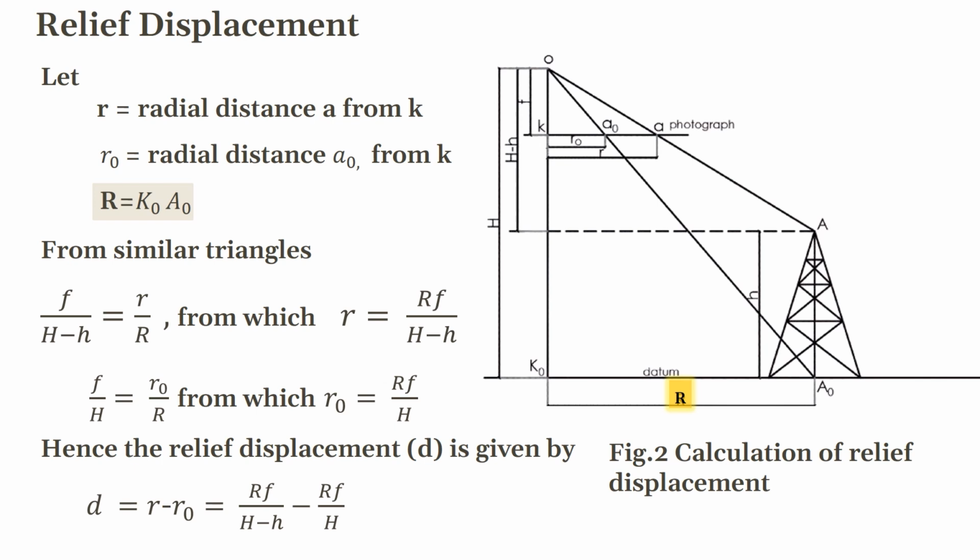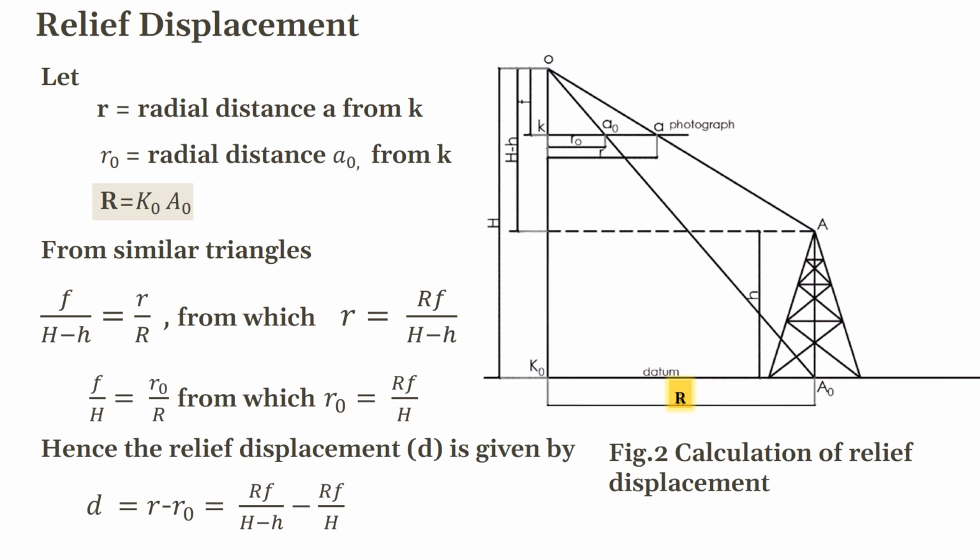Also, from another similar triangle that we can see in the figure, we get small f by capital H is equal to r naught by capital R naught, which gives us small r naught is equal to capital R f by H. So, the relief displacement denoted by d can be easily calculated as R minus R naught, and you know all the values.